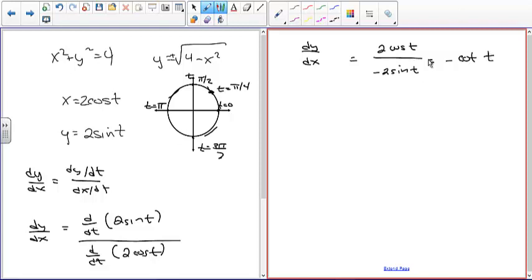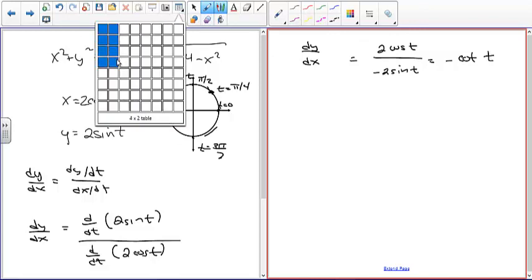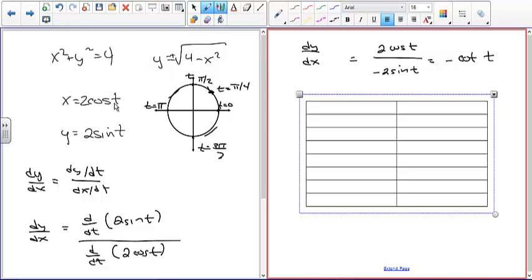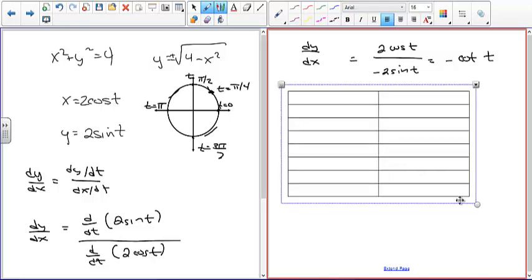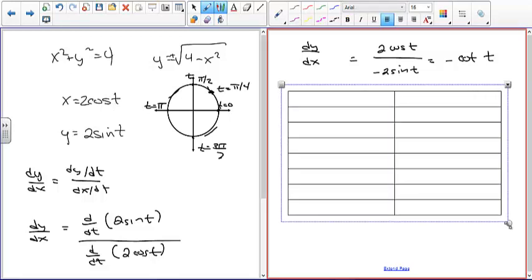So let's just make a table of t versus negative the cotangent of t.